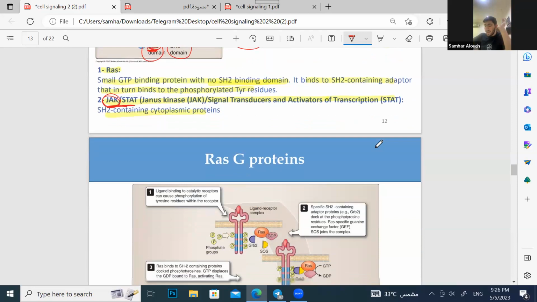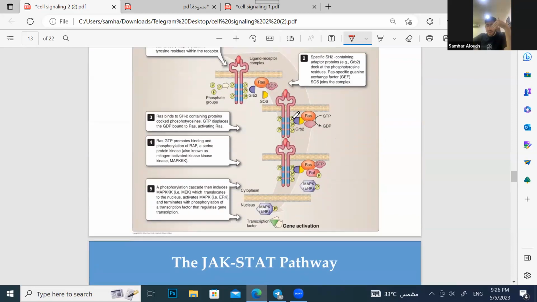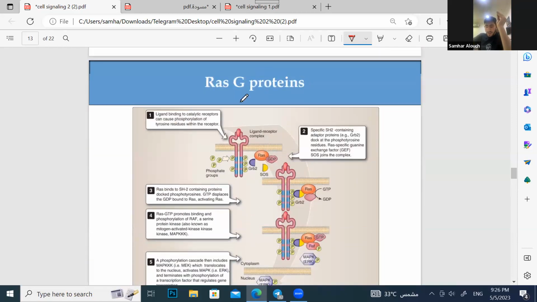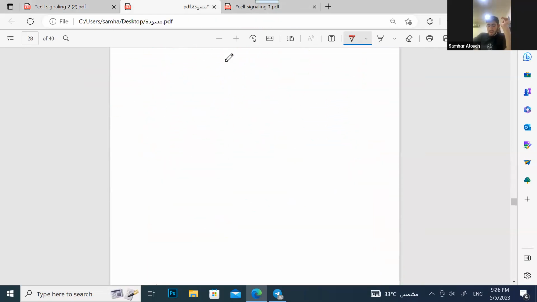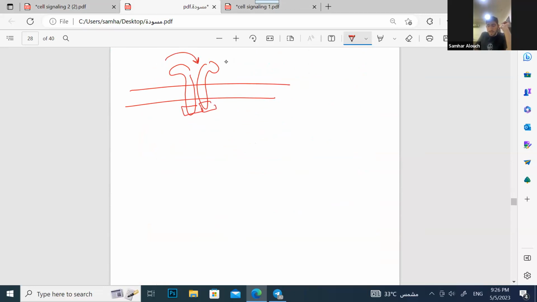Okay. Now we have the whole pathway of Ras and Jak again. We already explained Ras, so I will just go over it fast. We said that we have the membrane and we have the receptor tyrosine kinase. The molecule binds and it becomes autophosphorylated, and we have tyrosine kinase.